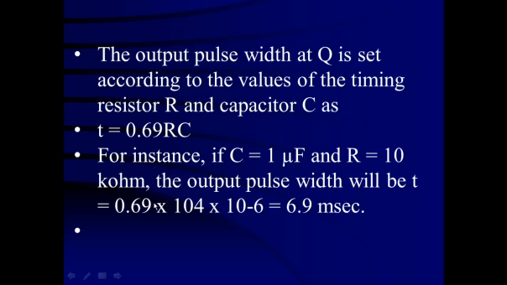The output pulse width will be 0.69 into 10 raised to 4 ohms into 10 raised to minus 6 farad. That comes out to be 6.9 milliseconds, so 6.9 into 10 raised to minus 3 seconds. That is called milliseconds. So a 6.9 millisecond pulse duration will be there.